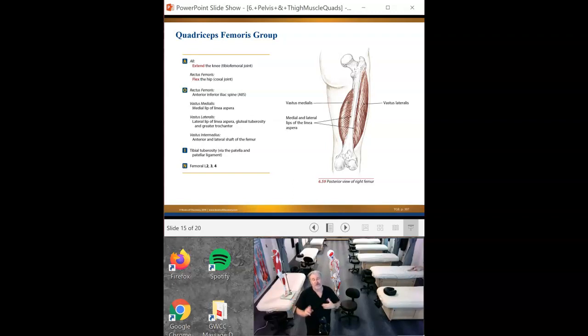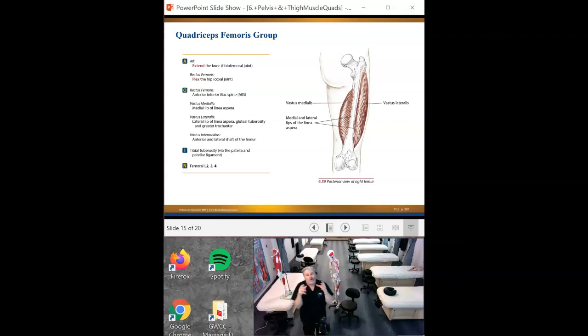That's a very fancy way of your book saying they all insert into the patella and the patella inserts into the tibia, into the tibial tuberosity. So it's just a way of describing how this tendon inserts into the patella. The patella is then attached to the tibial tuberosity. So the technical answer is they insert into the tibial tuberosity. They get there eventually, right? That's the vehicle they get there by.